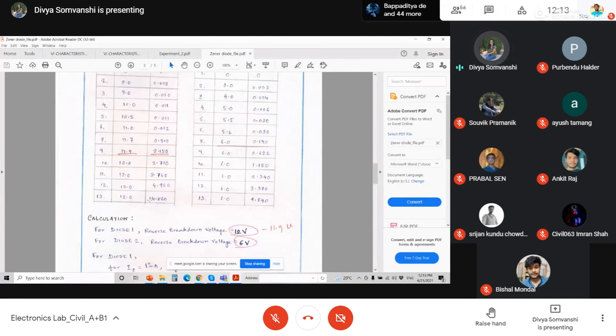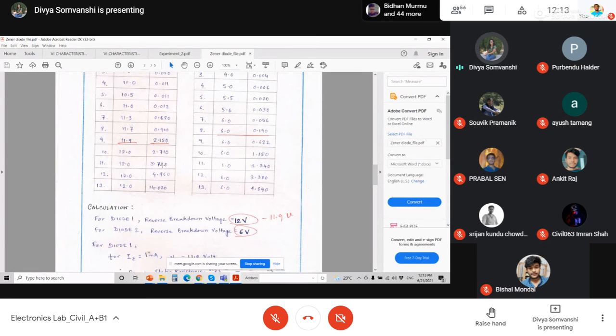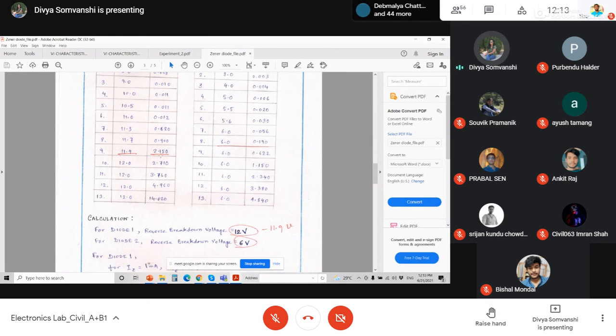See, this is the actual data some student has measured. If you see here, this is the Zener diode, which has a breakdown voltage of around 12 volts. Around 11.9, it has a current of 2.150. Before that, it has a very small current.